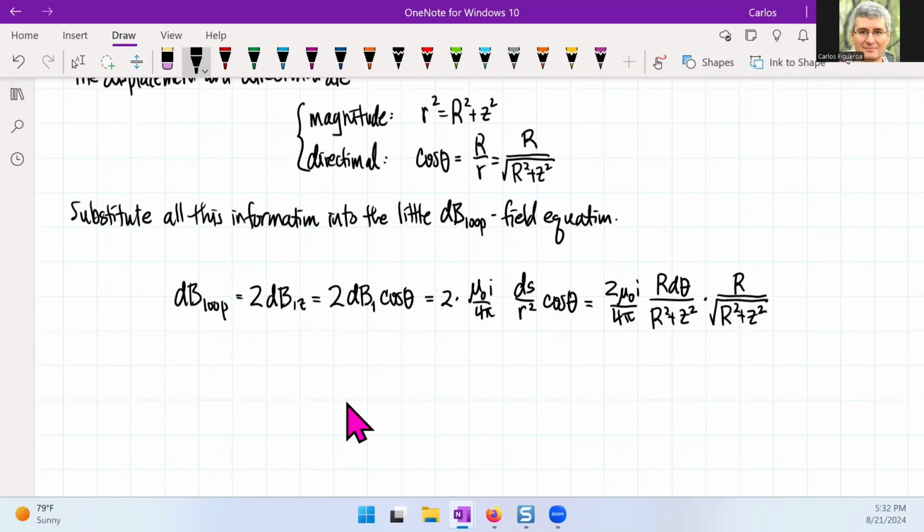So finally, dB loop is 2 mu naught I r squared d theta over 4 pi times r squared plus z squared to the 3 halves.